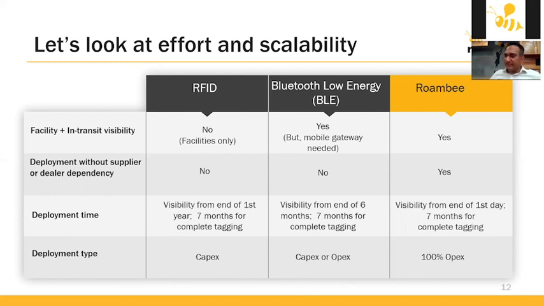So let's do the math. Why not take 6,000 facilities, right? If you take 100 facilities and you need to spend about a week installing this infrastructure at each of these facilities, you're probably looking at a year-long project just to get your infrastructure set up, which means that you're not able to track your returnable containers across your entire supply chain network before the end of a year.